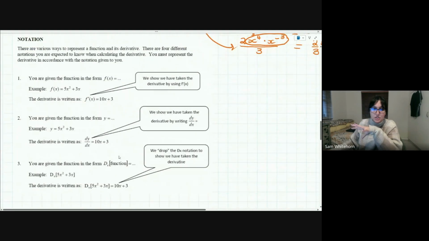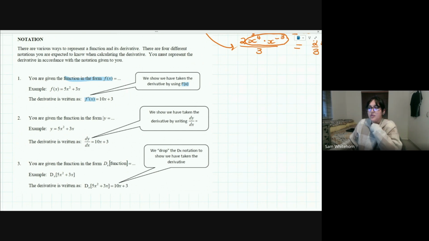So again, notation in calculus differentiation is incredibly important. We have already looked at this first type of differentiation. So if you are given your expression in the form of f of x equals, we know that the derivative is represented by f dash x. Okay, so we show we've taken the derivative by using that f dash x. There are other ways that we can ask the derivative though.